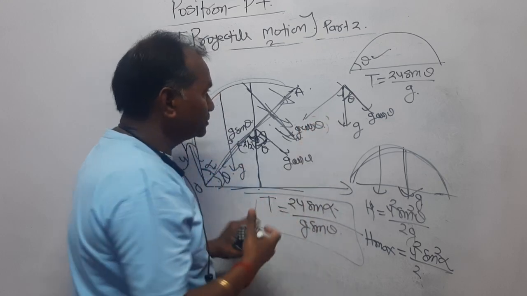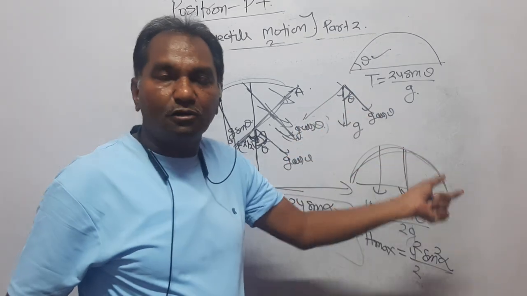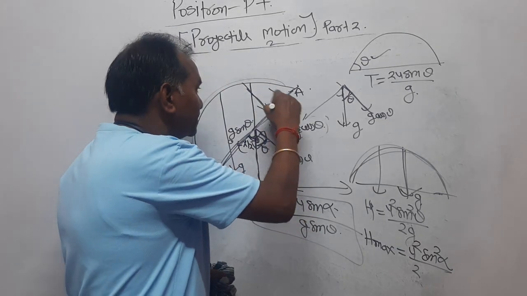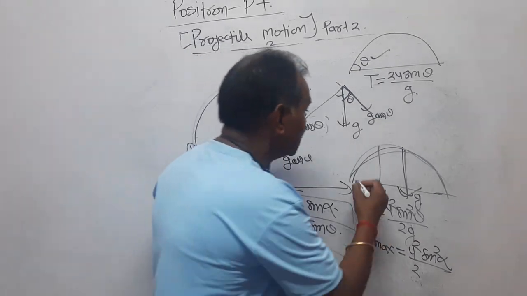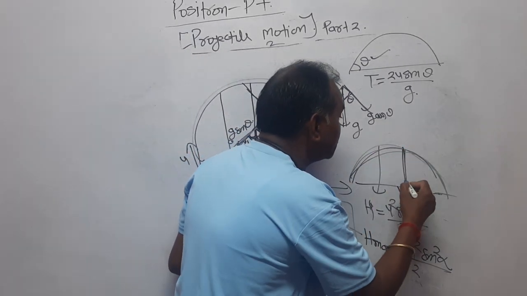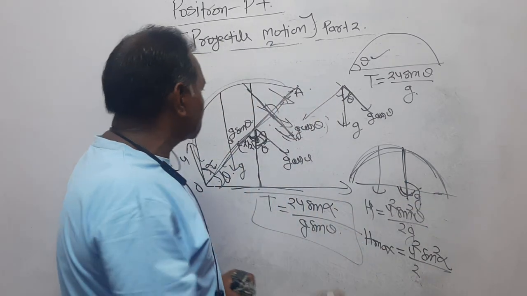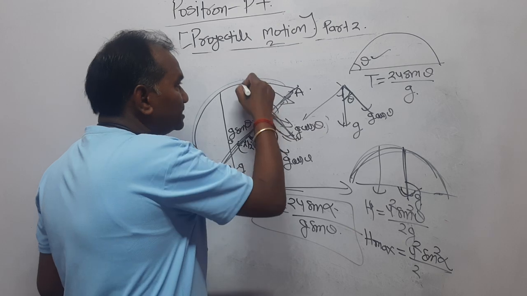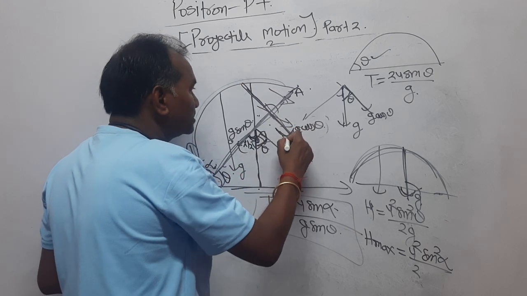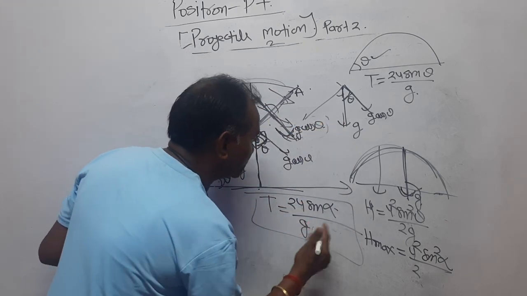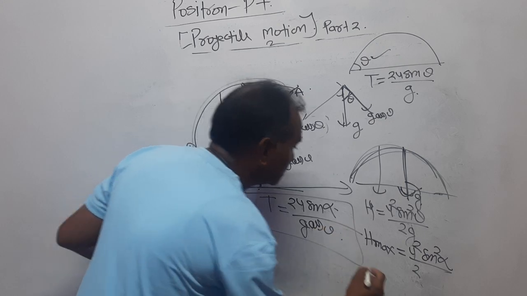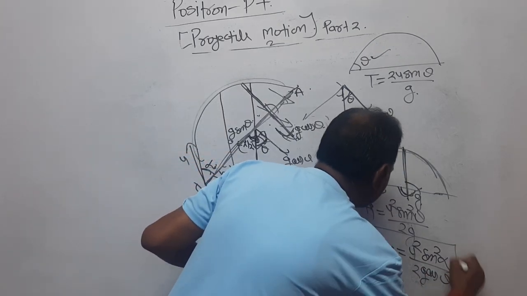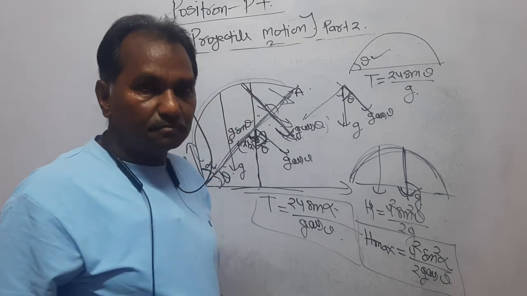I was a bit confused. This component is g cos theta. You have to consider that component of g which is perpendicular to it. Because like this, g was perpendicular to the ground. In the same way, the ground is here. So which component of g is perpendicular to it? That is g cos theta. So here also it will be g cos theta. Right?